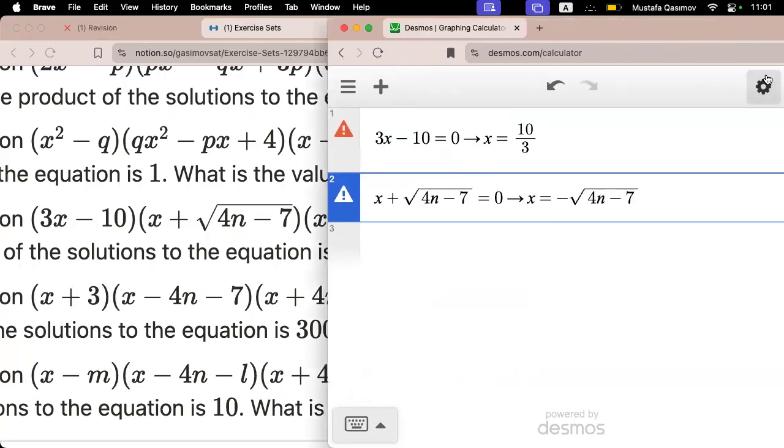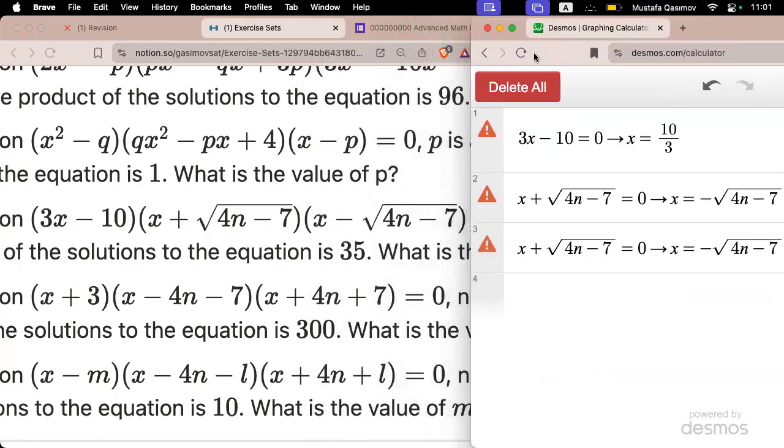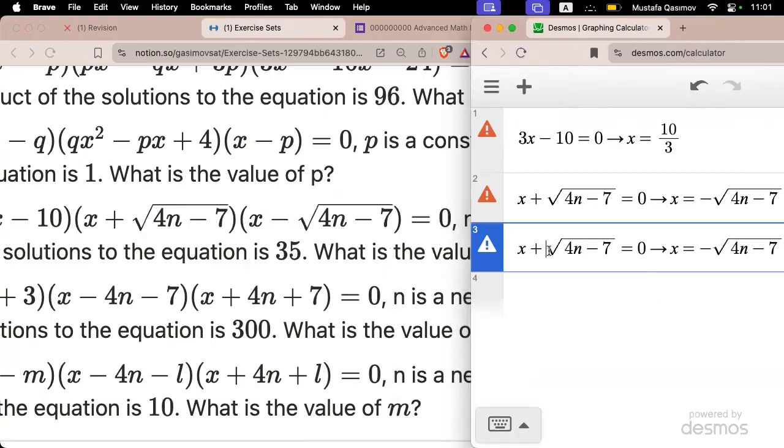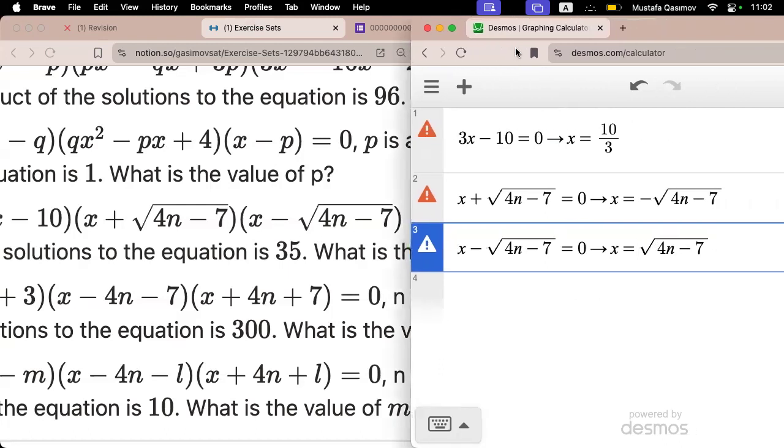Then for the last one, it will be like this: x minus square root of 4n minus 7. Then we will get like that. Do you have any question from here? Here's the solver.